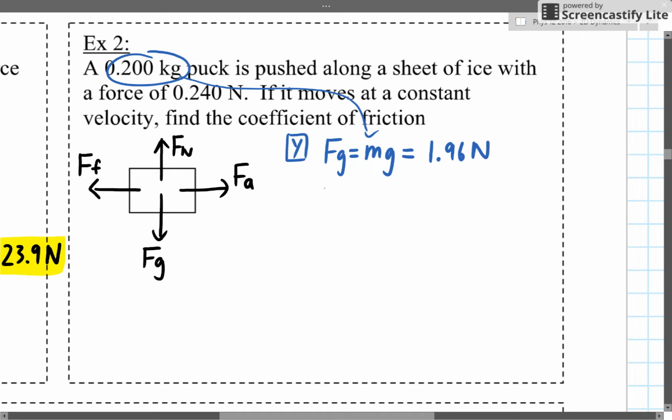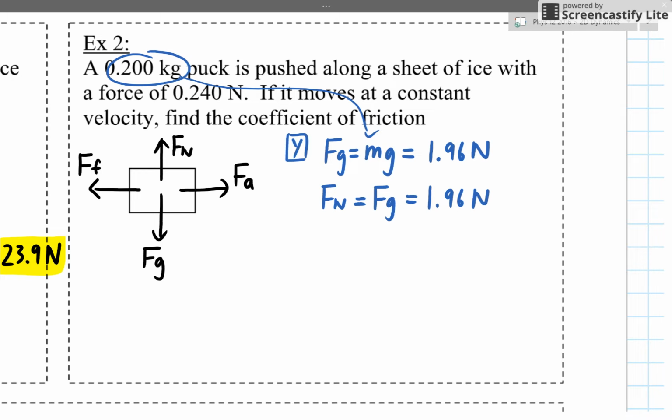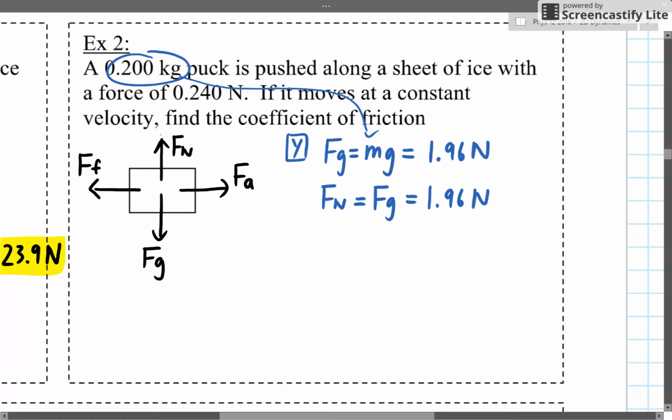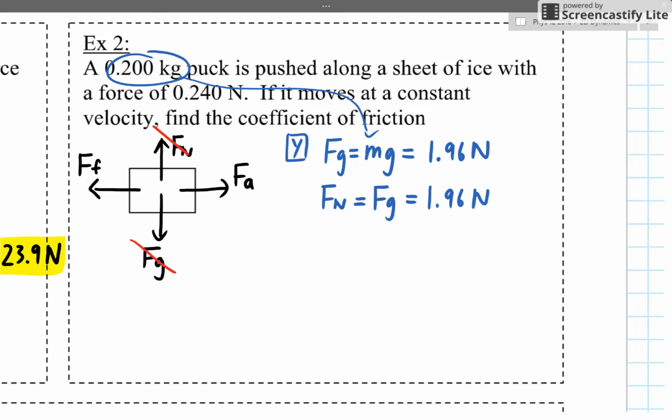Okay, and then we also say Fn must be mg. So normal force should be the same because, again, this object is not going to move up and down. It's sitting on an ice table or something like that, right? So the normal force and the force of gravity should be the same and canceling out.